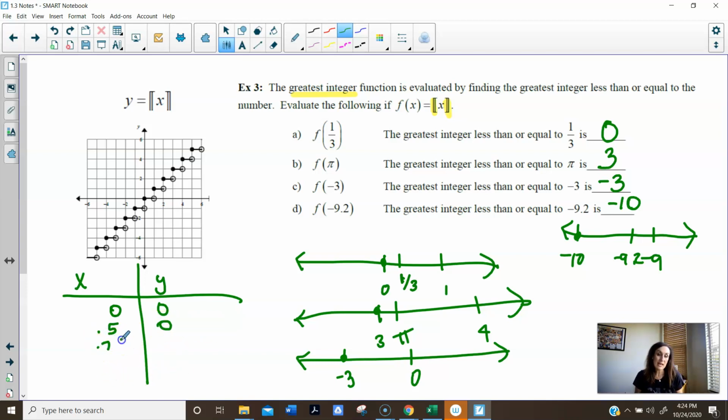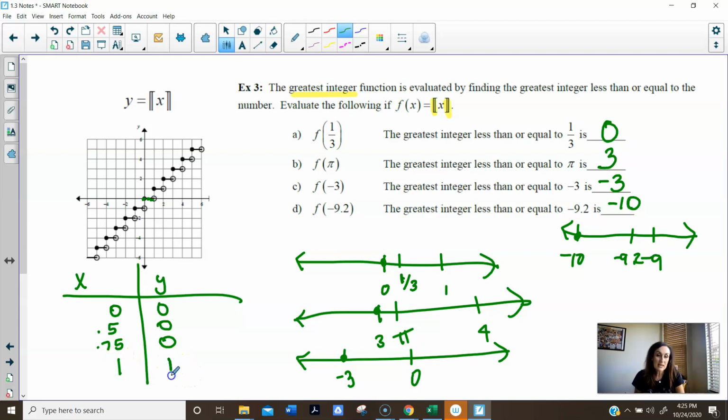If I put in 3/4, my answer is 0 for the output. You're at 0.75, you're still at 0. You're at 0.99999, you're still at 0, all the way until I hit 1.